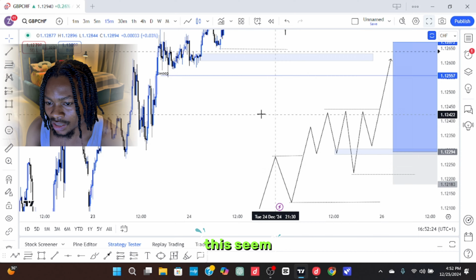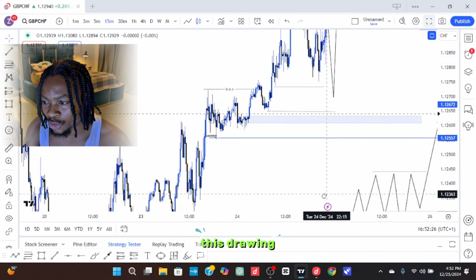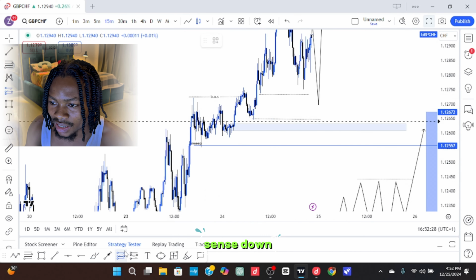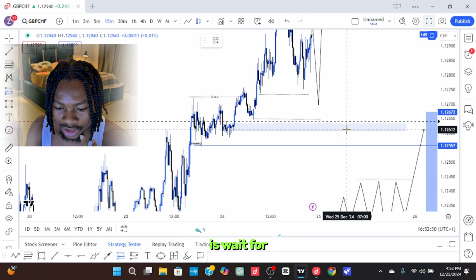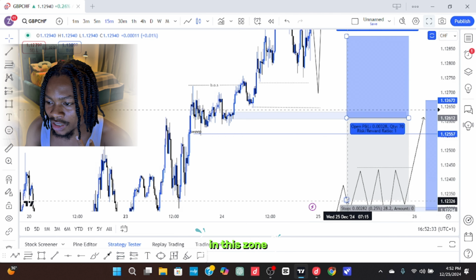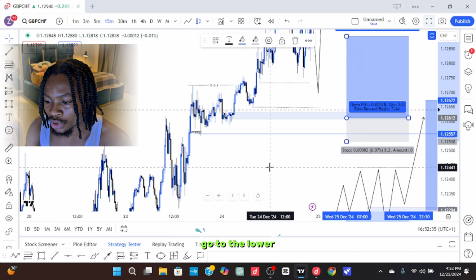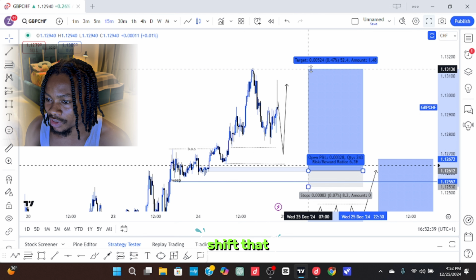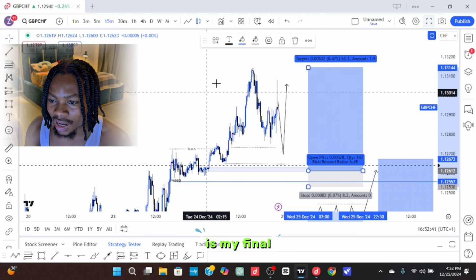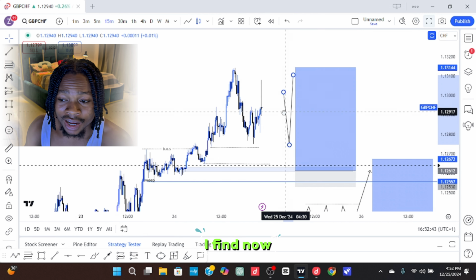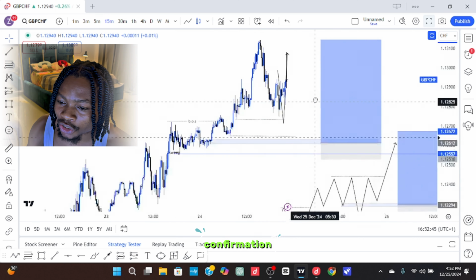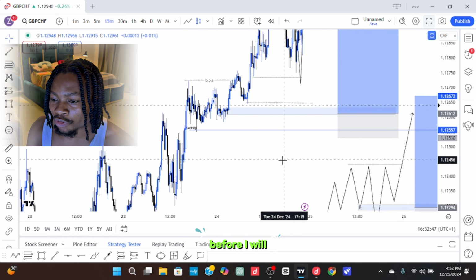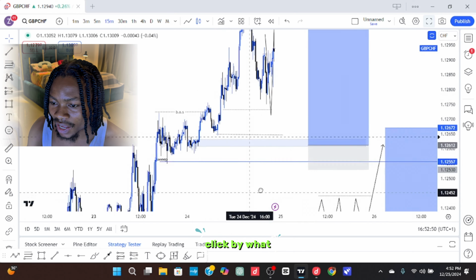As you can see, this drawing right here is making sense down here. So all I need to do is wait for price to pull into this zone, and then I'll go to the lower time frame and look for a market structure shift. That is my final confirmation from the lower time frame before I will click buy.